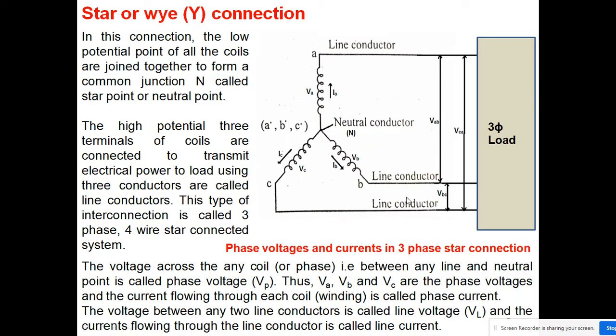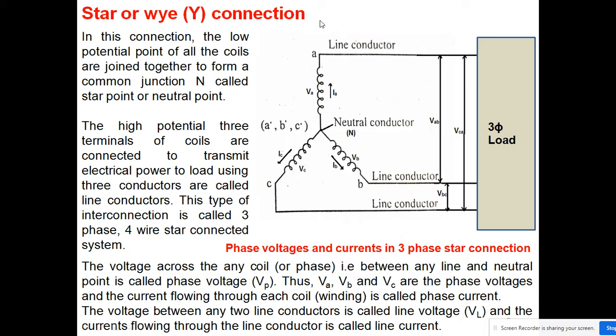So these high potential terminals are connected to the load to transmit the electrical power using three conductors, and these are called line conductors, because this high potential terminal of the phase is connected to the load using this line conductor.